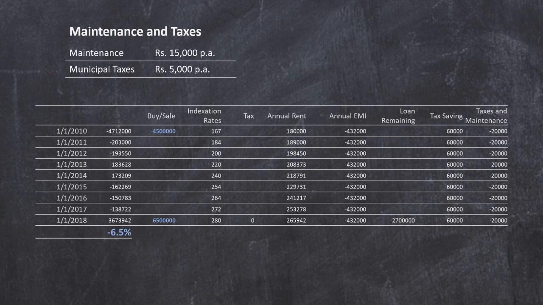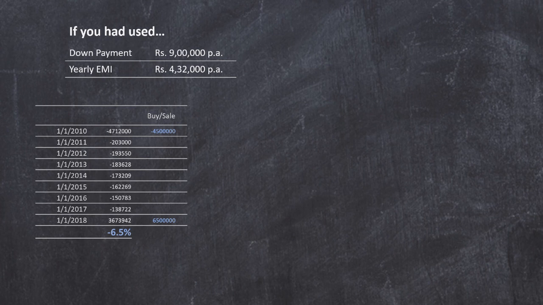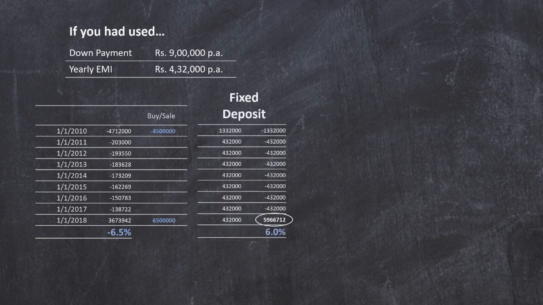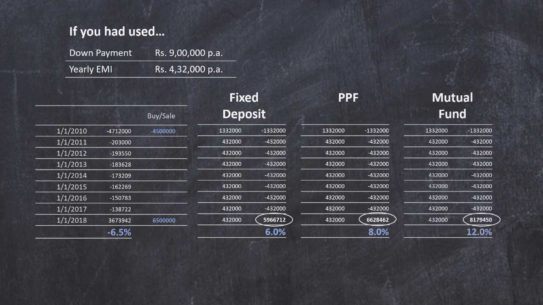When you bought your house, you had 9 lakhs in cash which you spent for the down payment, and you spent 4.3 lakhs every year on the EMI. If you had put that money in a fixed deposit instead of buying a house and got a 6% return, you would now have 59 lakhs. In PPF, with an 8% return, you would have had 66 lakhs.